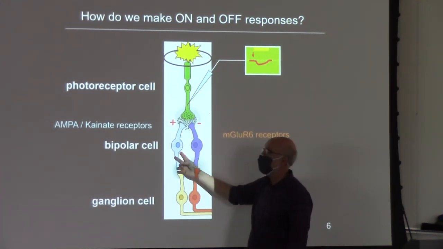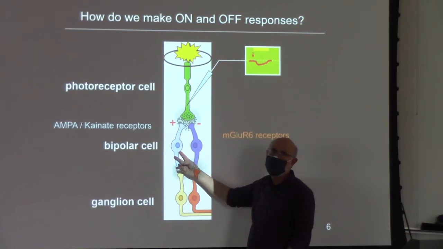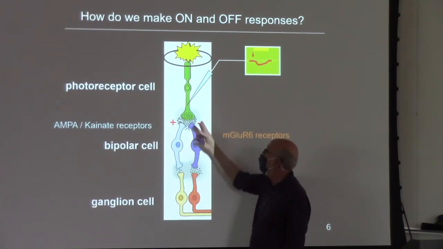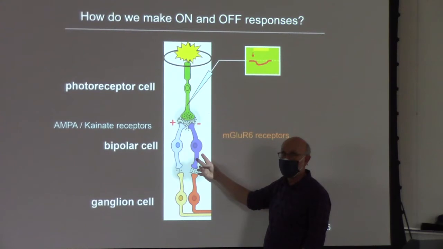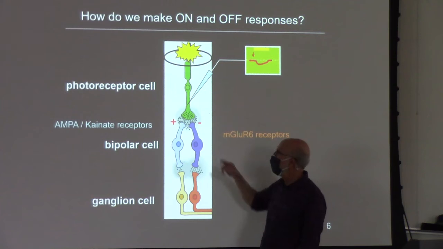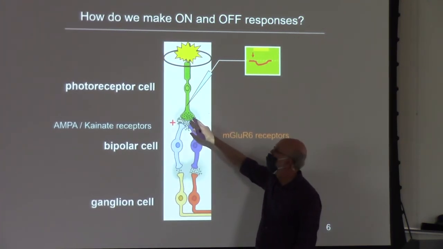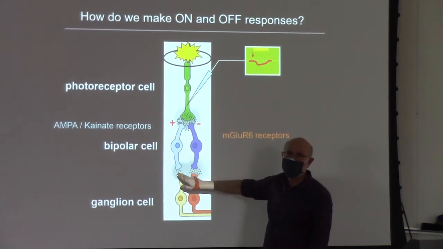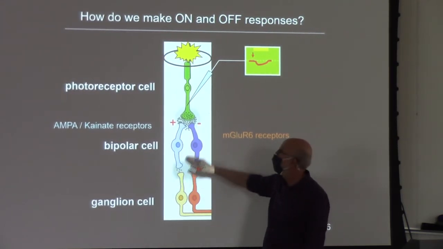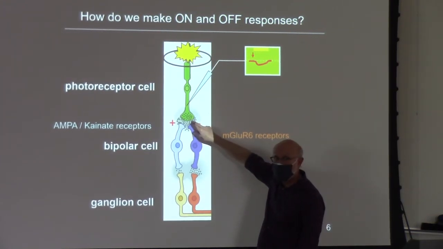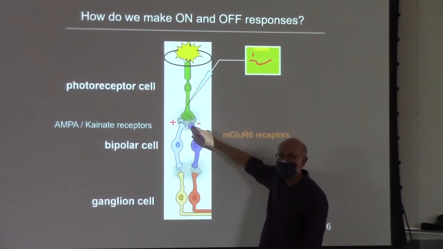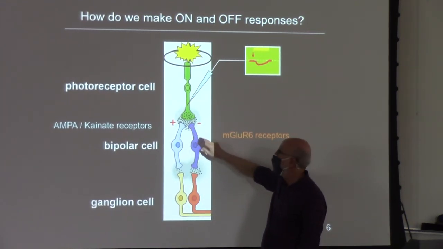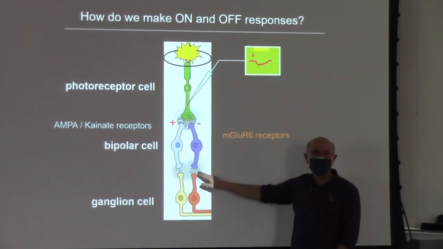So this is decreased excitation causing hyperpolarization, and this is decreased inhibition causing depolarization. The decrease at the very beginning was the decrease in glutamate. Decreased glutamate, decreased excitation, decreased neurotransmitter release because of hyperpolarization. Decreased glutamate, decreased inhibition, inhibition of inhibition, depolarization, more glutamate release.